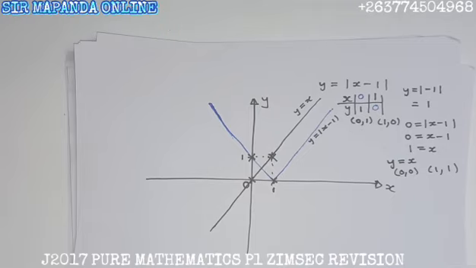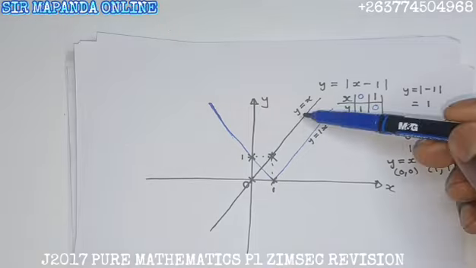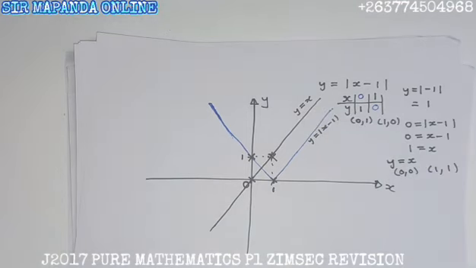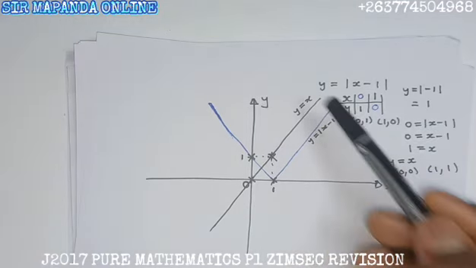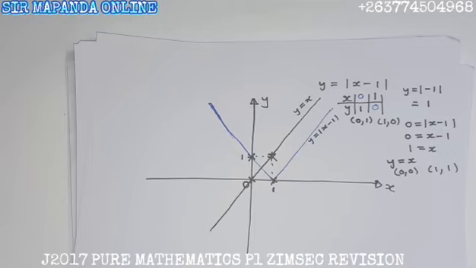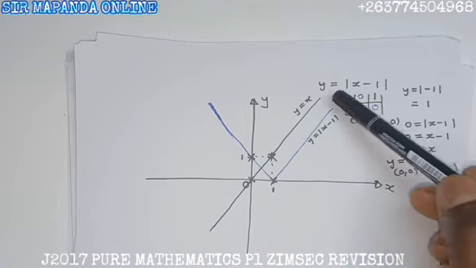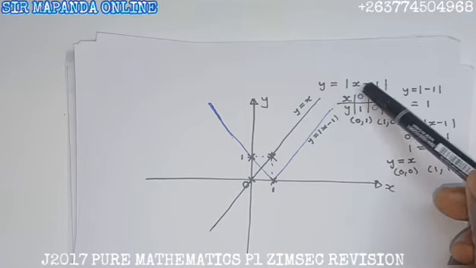I want you to notice something: having y equals x, it means you have a gradient of 1 here. Gradient is the coefficient of x when y is the subject of the formula. Same applies to y equals modulus of x minus 1.